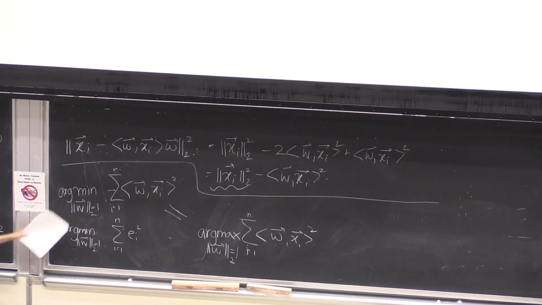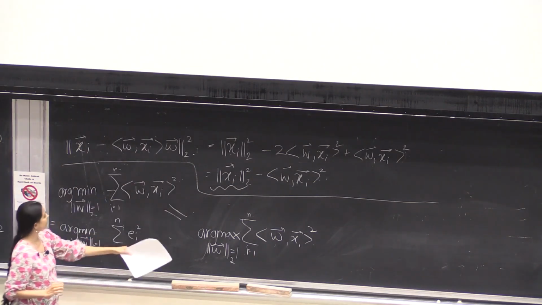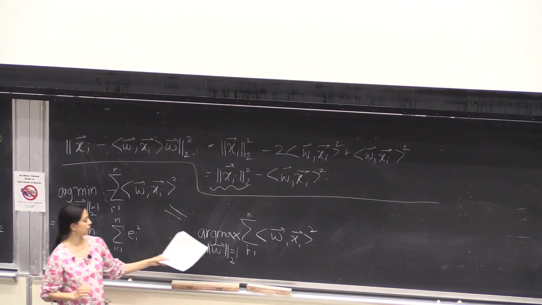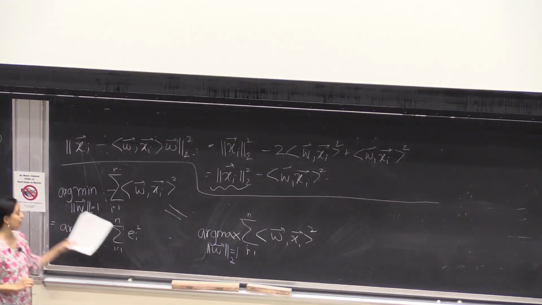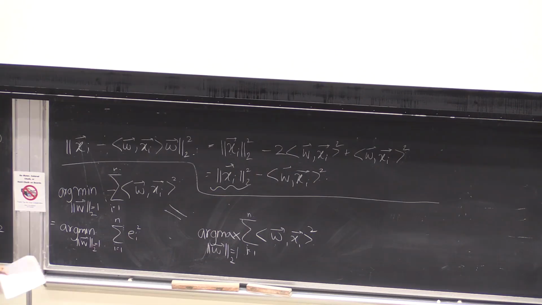So the first equivalence is that I can drop these terms. The second equivalence is that I can minimize with a minus sign, or I can maximize without the minus sign. And you'll notice I'm not writing min equal to max. I'm writing argmin equal to argmax. The w is the same. The values of these functions are obviously going to be different from each other. Is that point clear to everyone? Any questions about that?